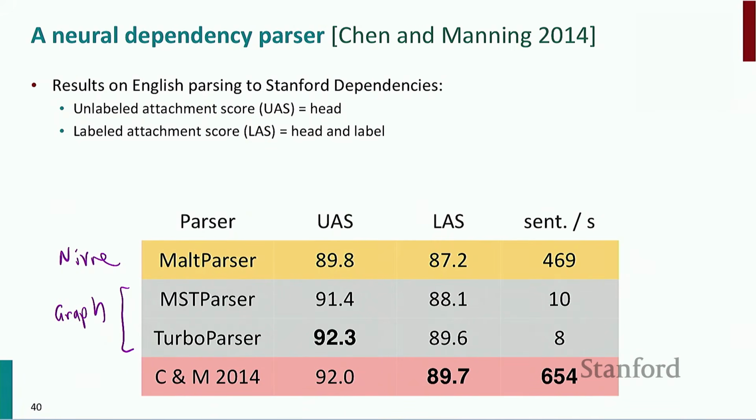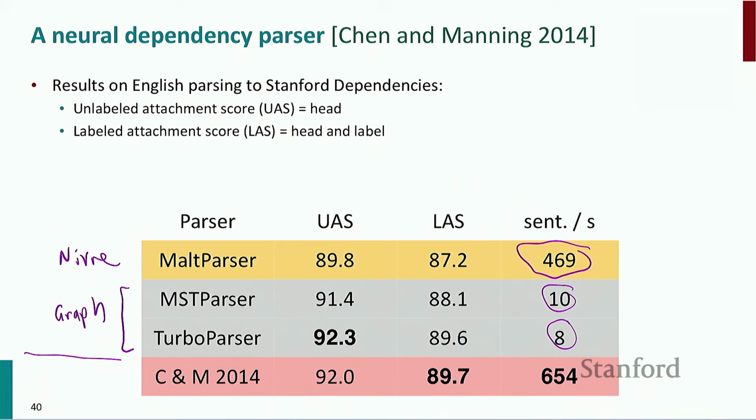And essentially, for the kind of symbolic feature machine learning methods, Danqi's parser was really fast because it was using this linear transition-based parsing idea. The graph-based dependency parsers were way, way slower, right?